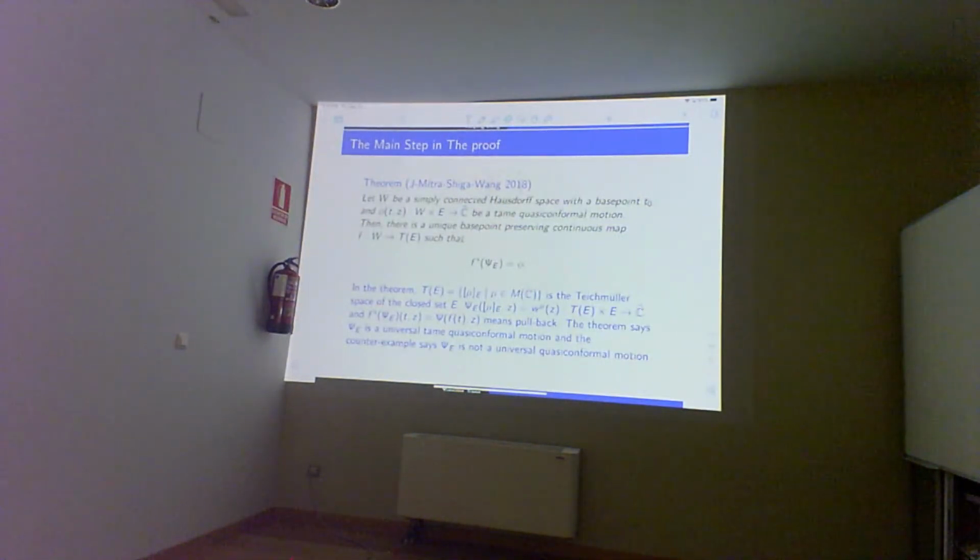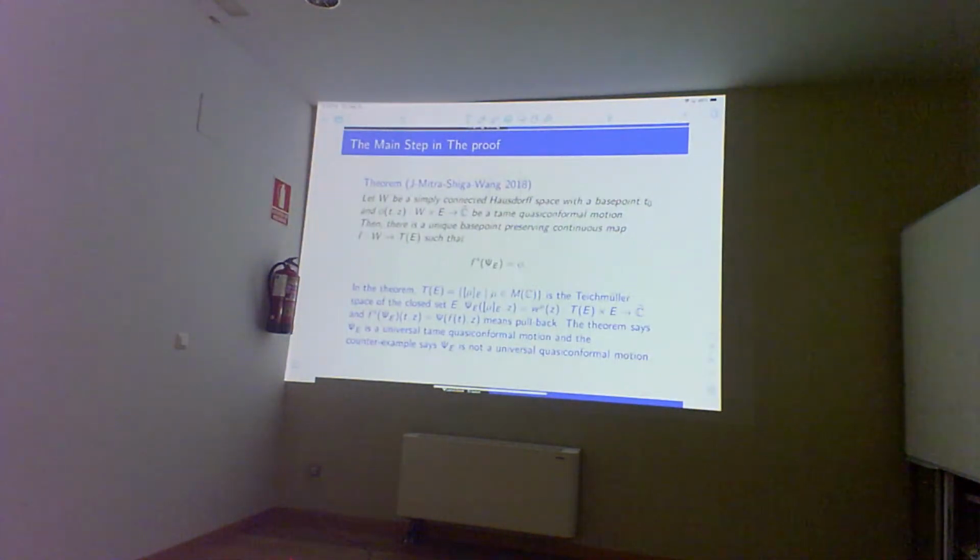Then there exists a unique base point preserving continuous map F from W to the Teichmüller space of E such that this motion small phi is the pullback of the so-called universal holomorphic motion.